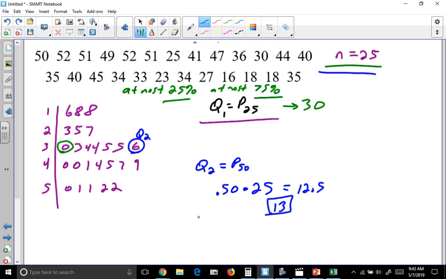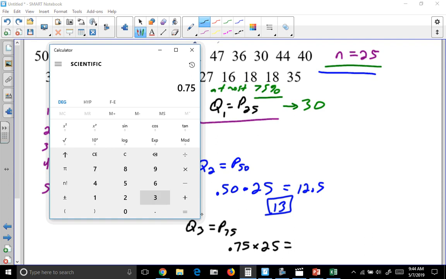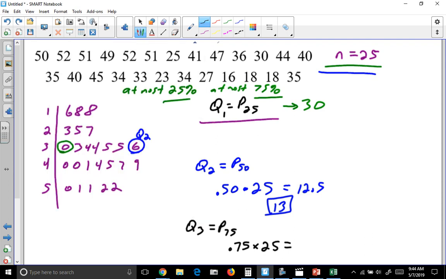Now for our third quartile, which is the 75th percentile, we need 75% of our data. So 75% of 25 pieces is 18.75. That's not an integer, so we round up.